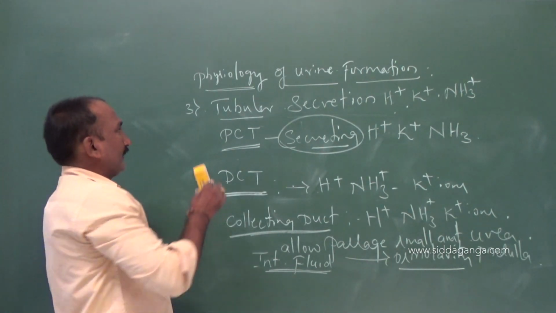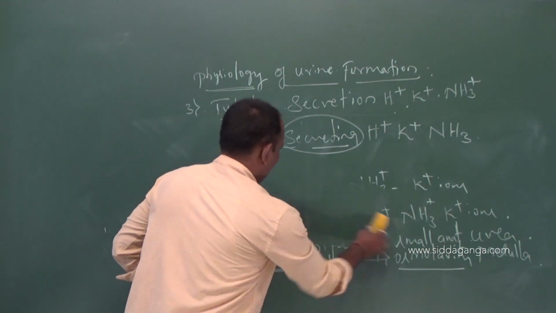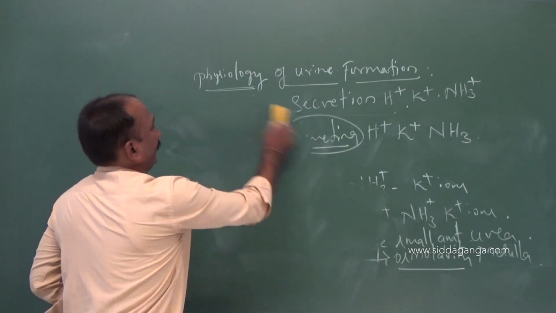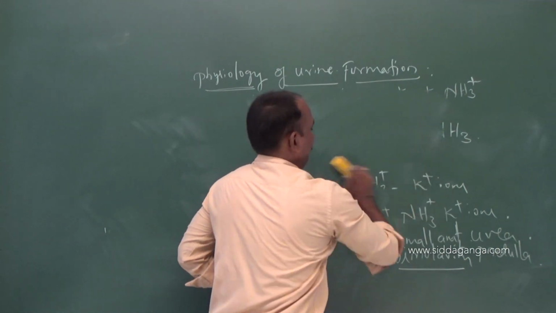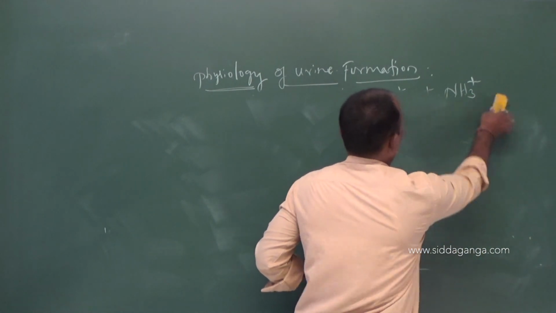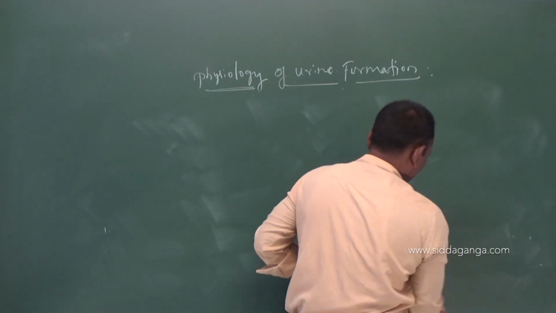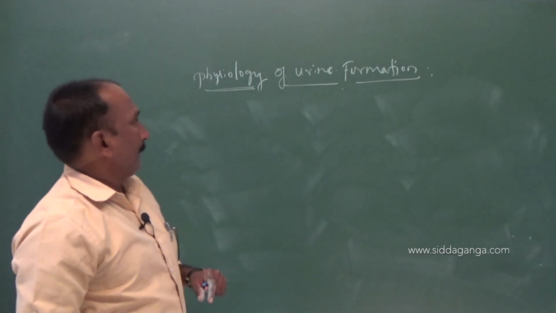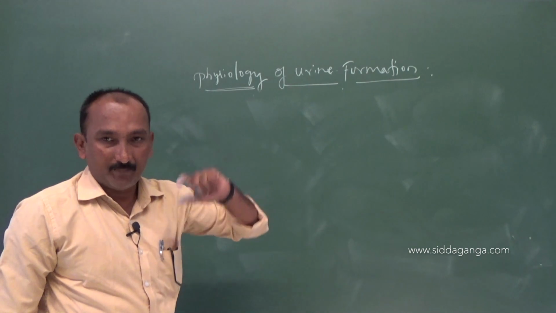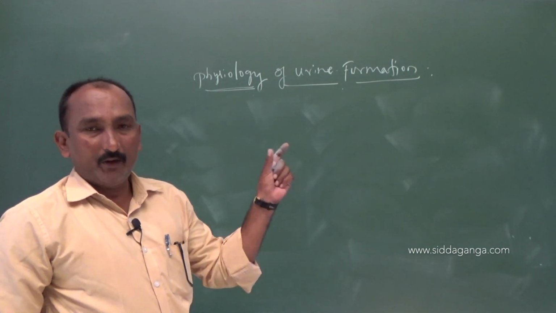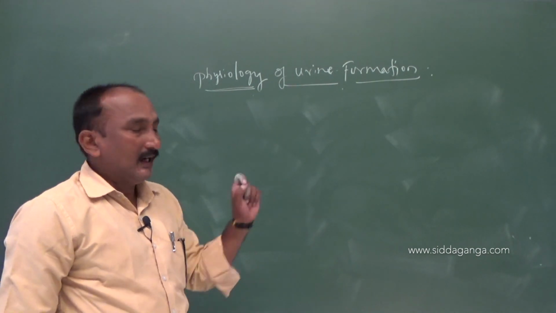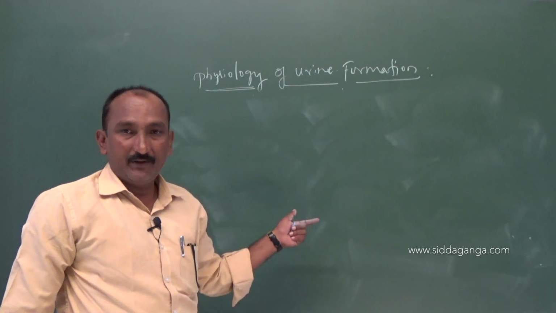Okay, suppose we are asked a question: what are the three major steps involved in urine formation? Suppose it is asked, name the three major steps in urine formation: glomerular filtration, then tubular reabsorption and lastly tubular secretion.